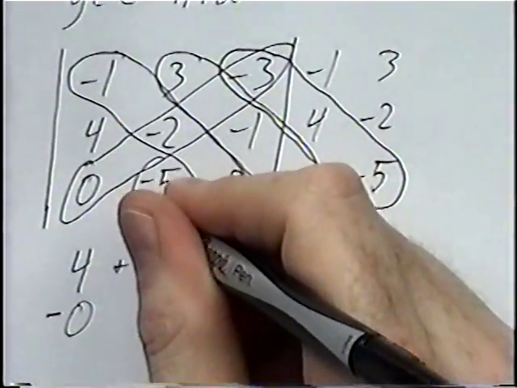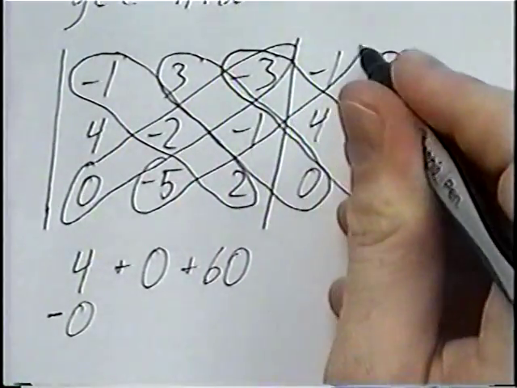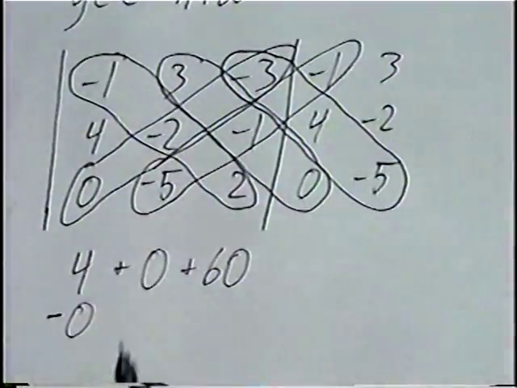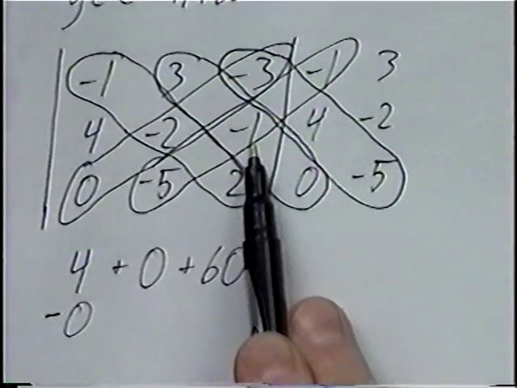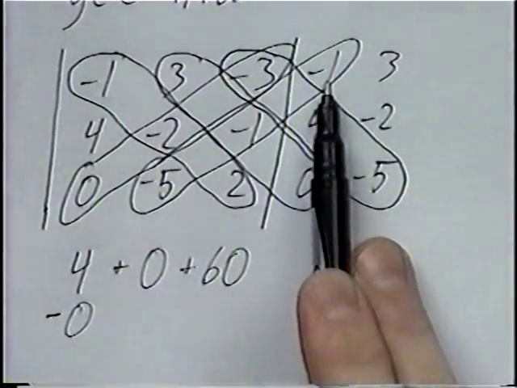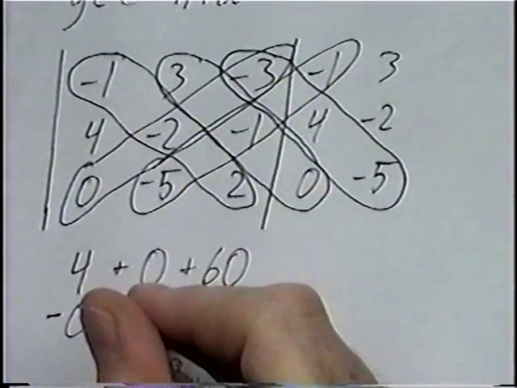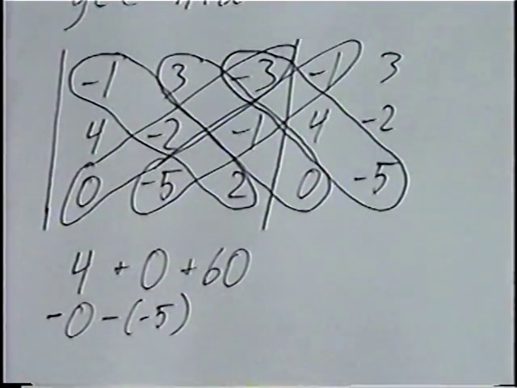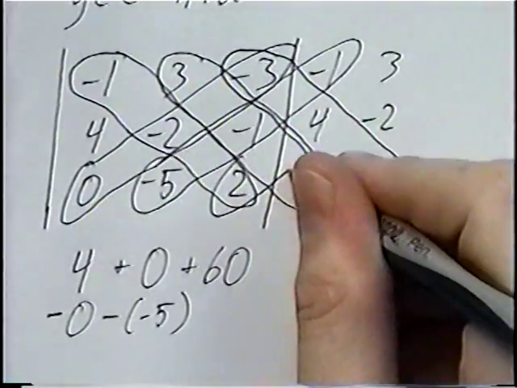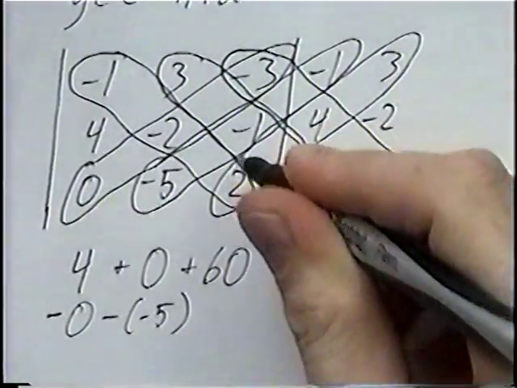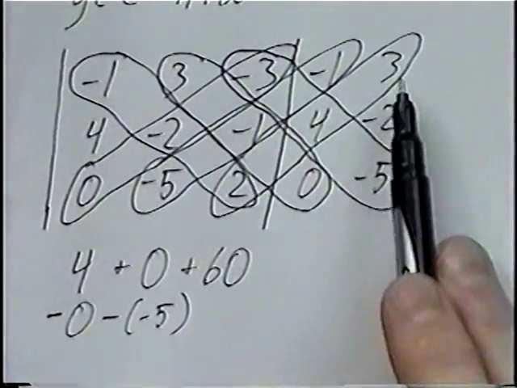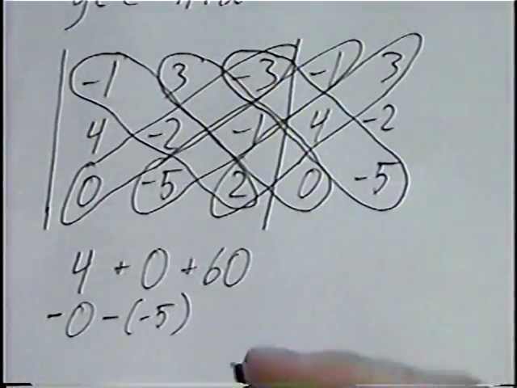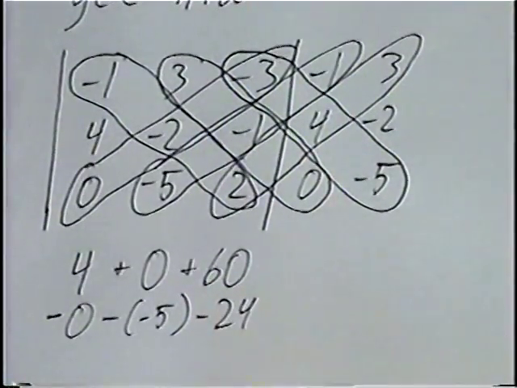The next diagonal, -5, -1, and -1. -5 times -1 would be 5, times -1 would be -5, so we'll be subtracting -5. And the last diagonal, 2, 4, and 3. 2 times 4 would be 8, times 3 would be 24, and we'll be subtracting 24.